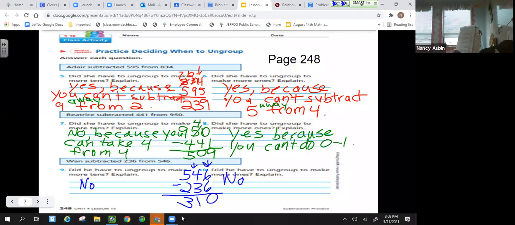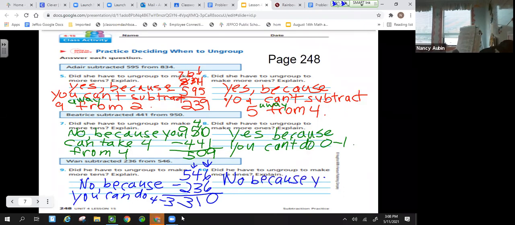No, we didn't make any new groups. We didn't have to ungroup to make more 10s because you can do 4 minus 3. Or you could have said because 4 is greater than 3. No, we didn't ungroup to make more 1s because you can do 6 minus 6.